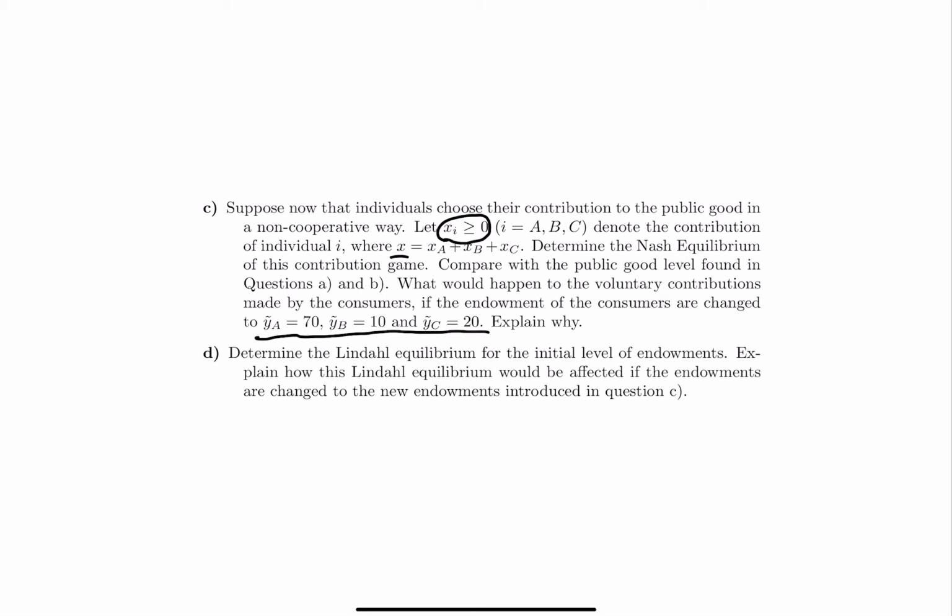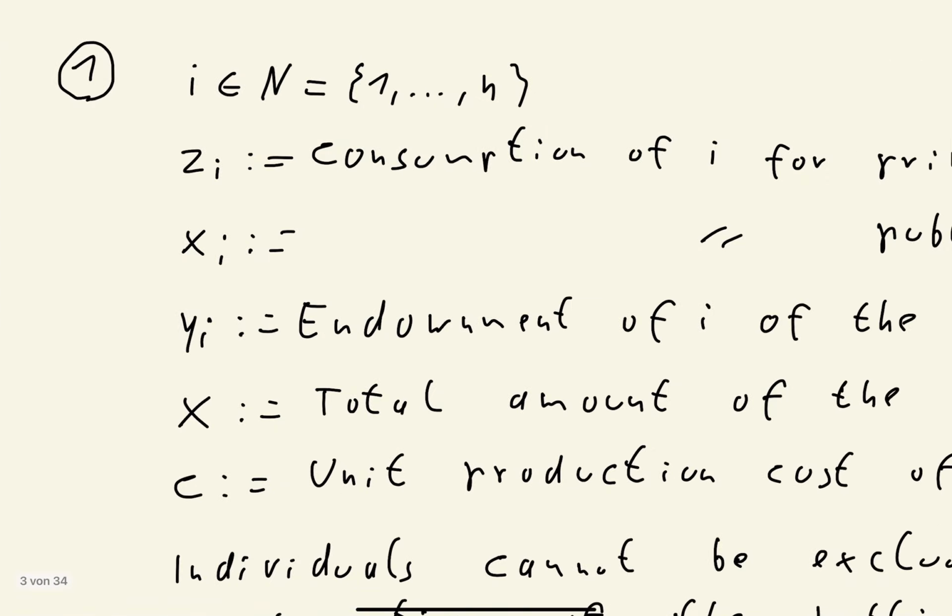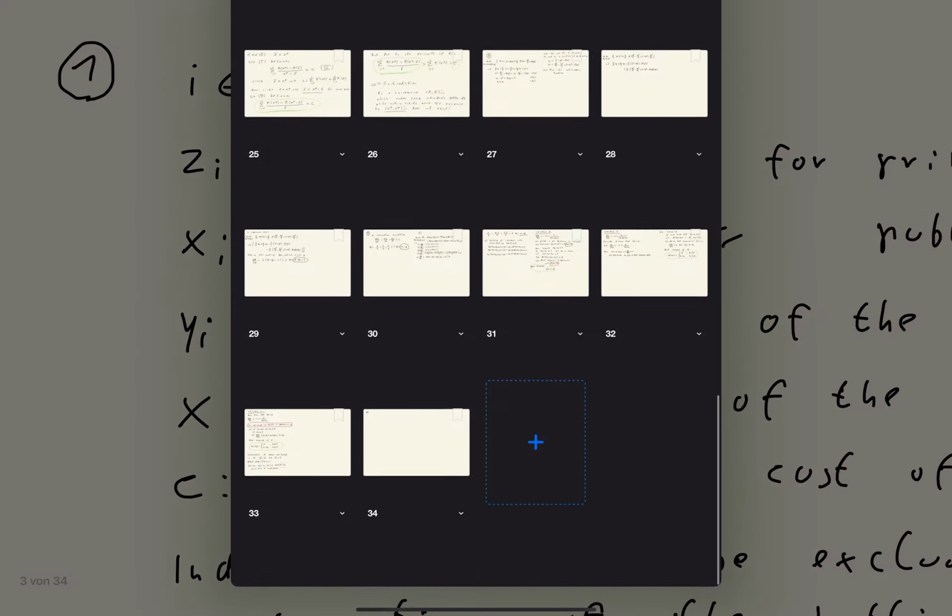The question is, what is the amount of public good provision in a Lindahl equilibrium? Then we are asked how this would change if the endowments are changed to the endowments which we have in sub-exercise C. Okay, let's go back.